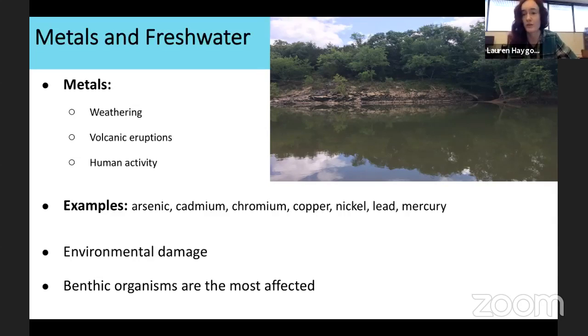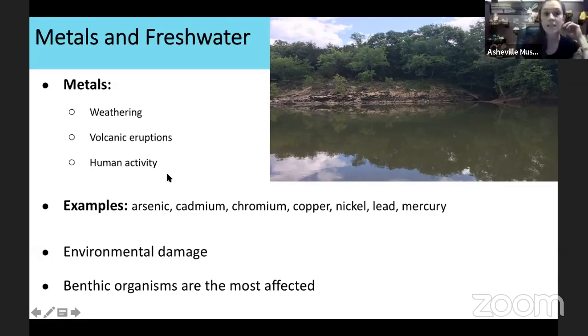So if we have industrial plants or we build highways or railroads, all those would contribute metals into the system. So if it rains on a roadway, the water on the road doesn't just stay there, it has to run off somewhere. And so that runoff is going to contain metals that could then make it into the system.